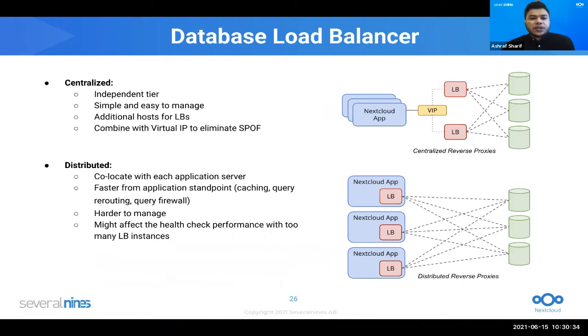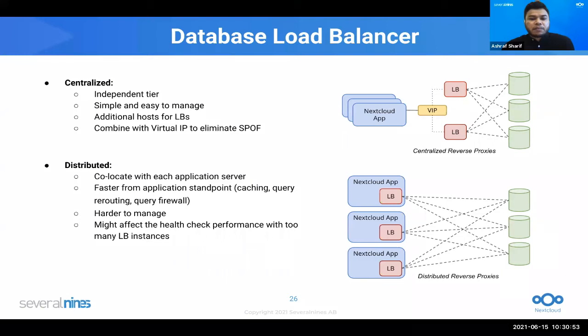In a centralized topology, the load balancer, which we can also call a reverse proxy, is located between the data and presentation layer. So to eliminate a single point of failure, 2 or more reverse proxies are necessary, and they should be tied together with an active-passive virtual IP address.